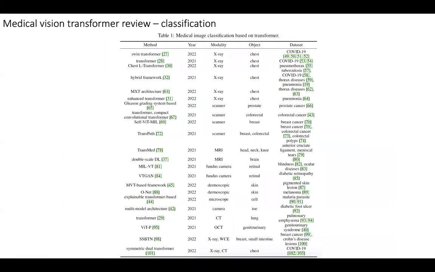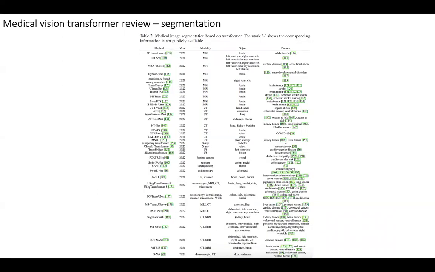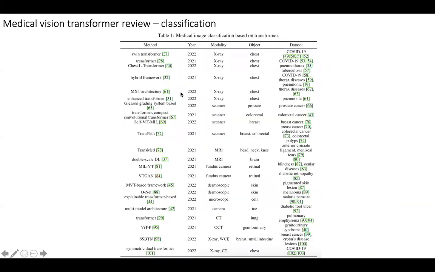Okay, this paper focuses on the classification task and also the segmentation task. These are the two tasks that are fairly intensively reviewed by this paper. For the classification task, you can see there are different modalities considered.